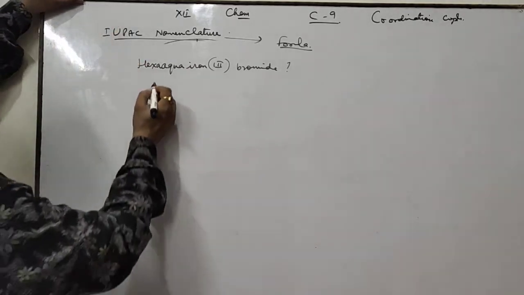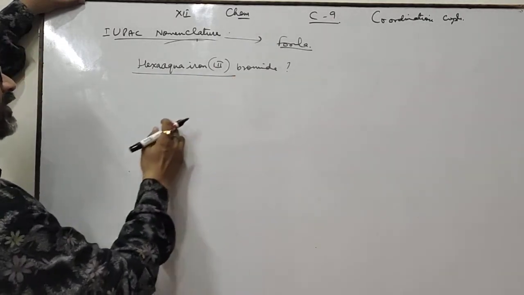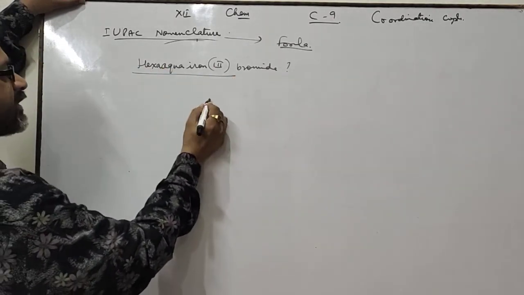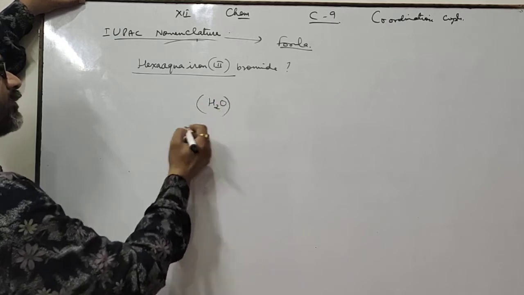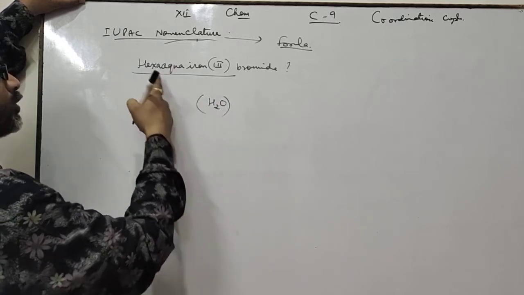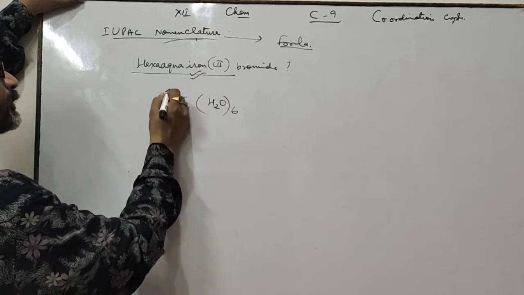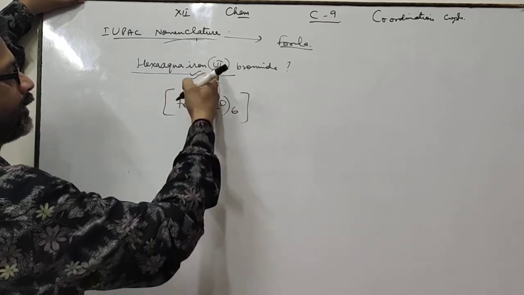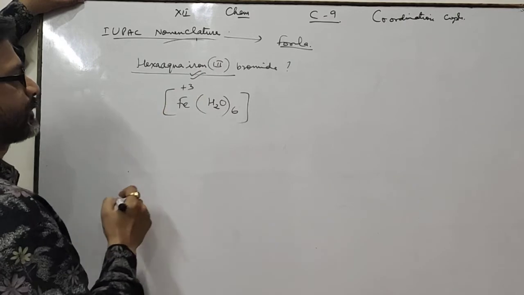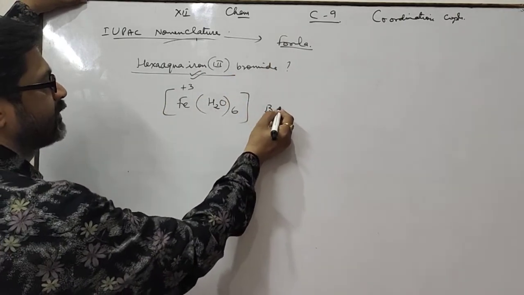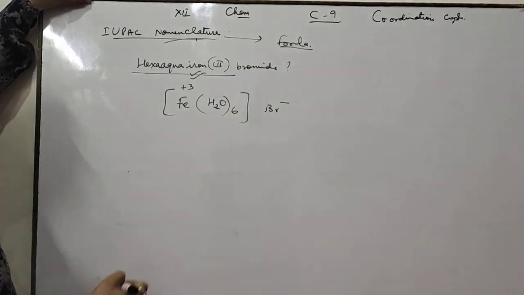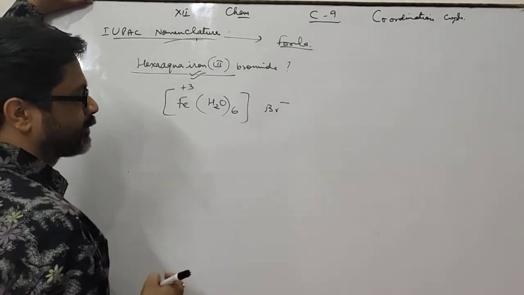See here, this whole part is the coordination entity. It contains hexaaqua. Aqua is the word used for water, H2O. Hexa means 6. This one is the central metal, which is placed here. The oxidation number of this one is +3, and bromide is Br -1. This is not the formula yet.